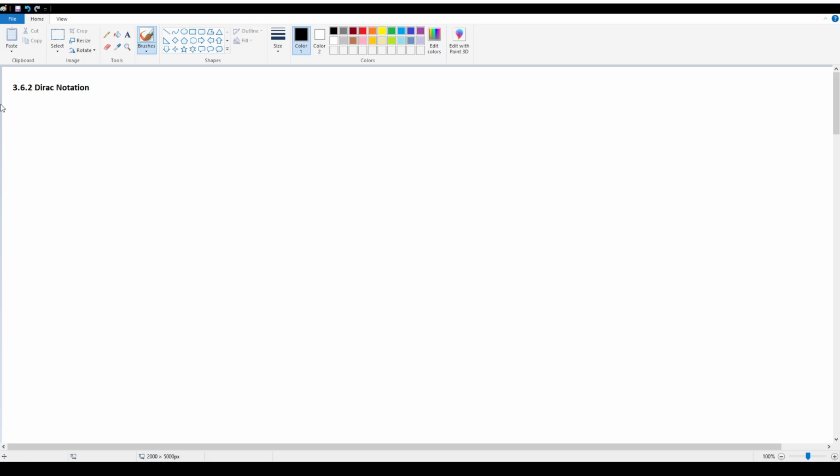So without further ado, let's get started by reintroducing the bra-ket notation, right? Way back at the beginning, we introduced the inner product, and we said I can write the inner product as bra alpha ket beta in this bra-ket notation, where this is the bra, which is the first half of the bracket, and this is the ket, which is the second half of the bracket, right?